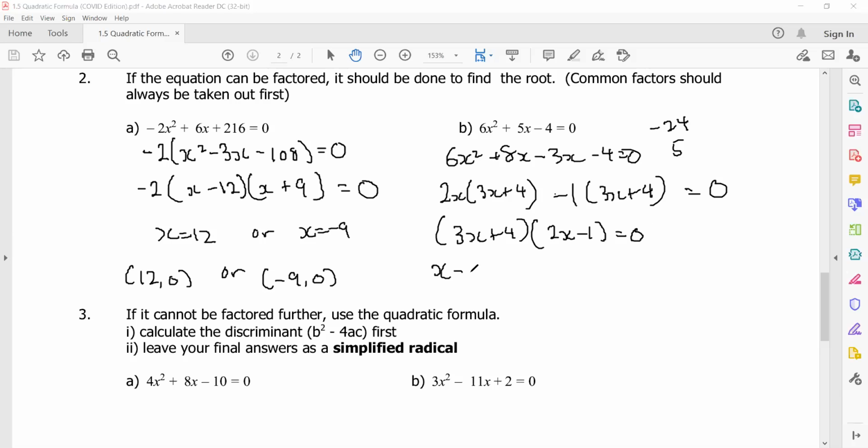That means x is going to be negative 4 over 3 or a positive 1 over 2 when y is 0. Did I do that right? It multiplies to negative 24 but adds to 5.